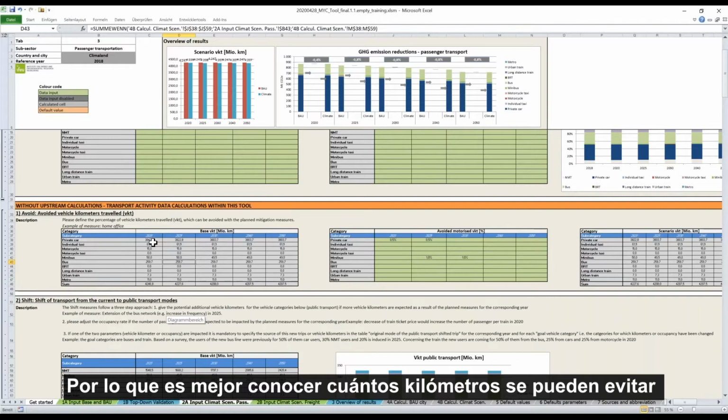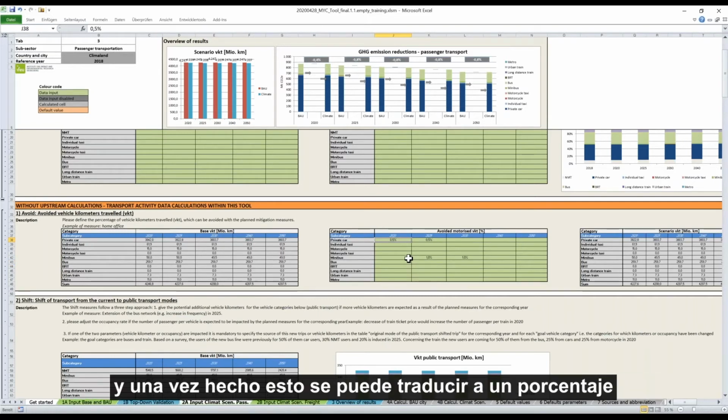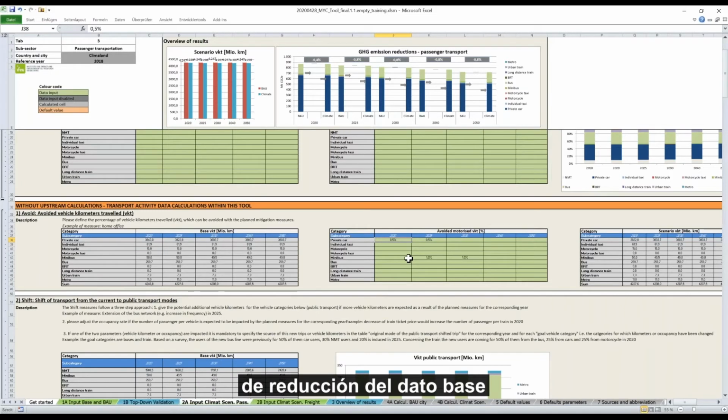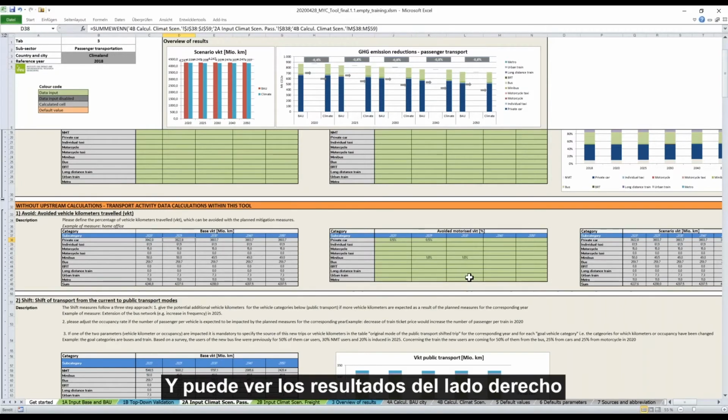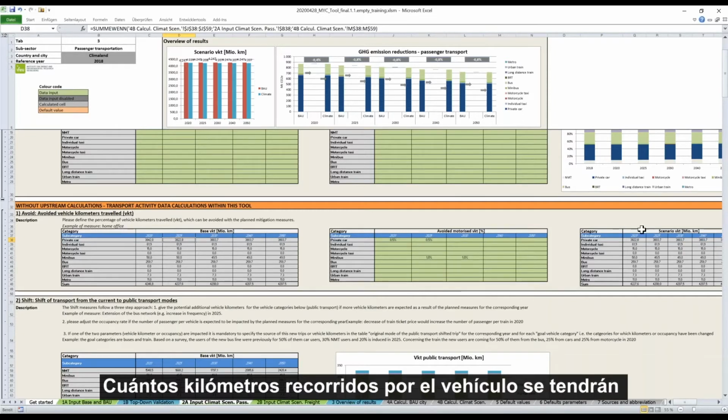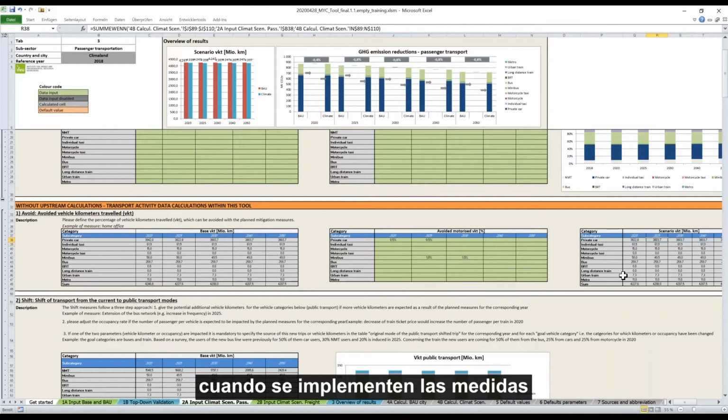So really calculating kilometers, how many kilometers you can avoid. And when you're done that, then you can translate it in percentage of your base kilometer here. And you see the results on the right side, how many kilometers here you have after you implement these measures.